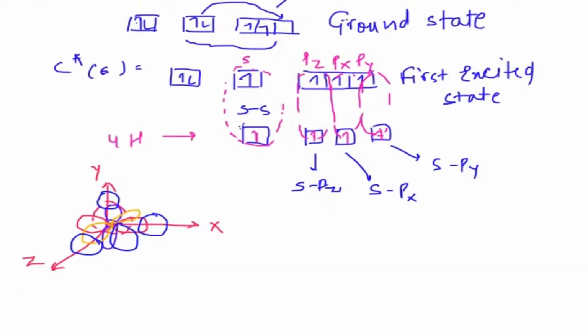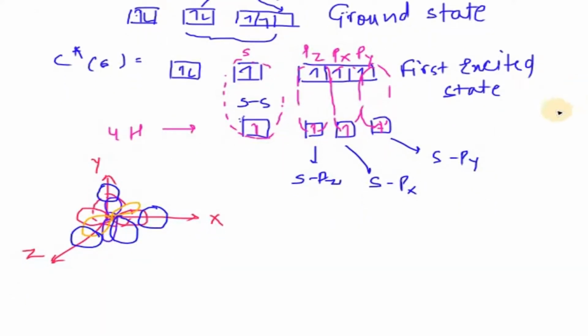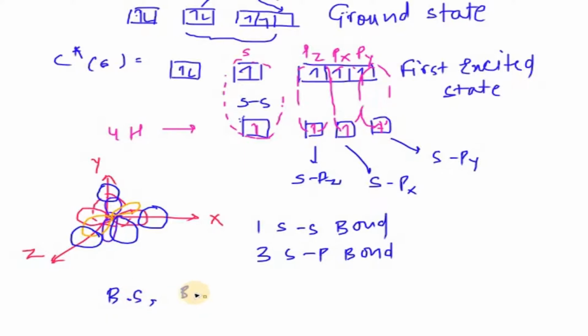Now if you look at the structure, one is an s-s bond and 3 are s-p bonds. So when we talk about bond strength, bond angle and bond length, we are getting different values according to the VBT.